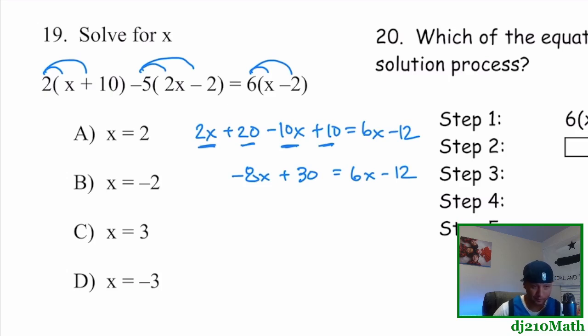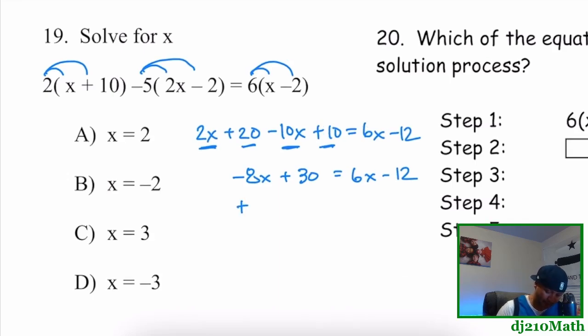So if I move -6, I'm going to have -6 on this side, which is going to make this more negative. So personally, I'm going to add 8x to both sides. That's going to get rid of the negative on the left.